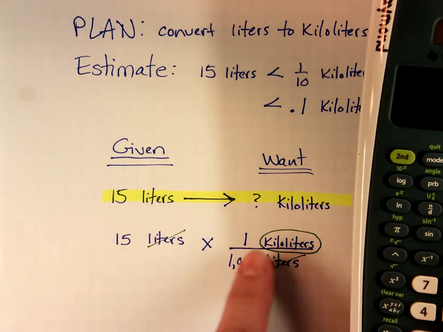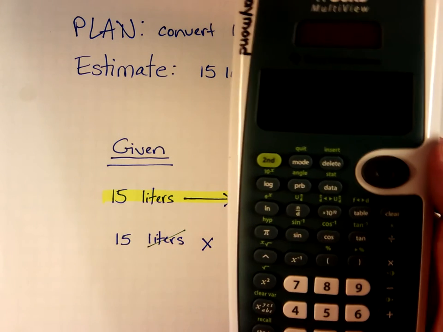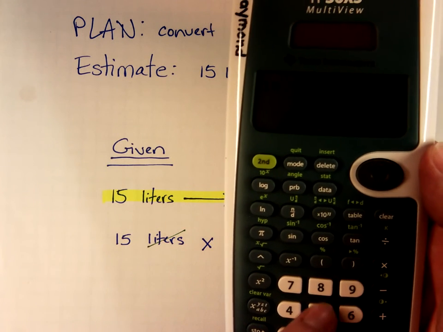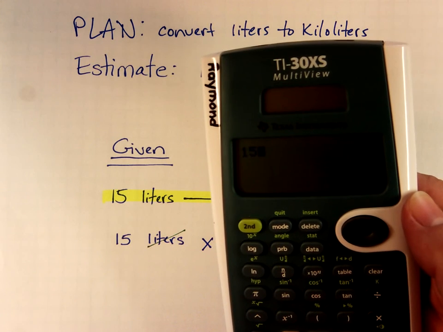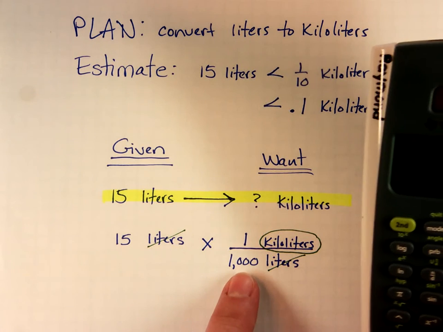15 times 1 is 15. I'll start by putting that in. Can you see that? 15. Now I need to divide it by 1,000.